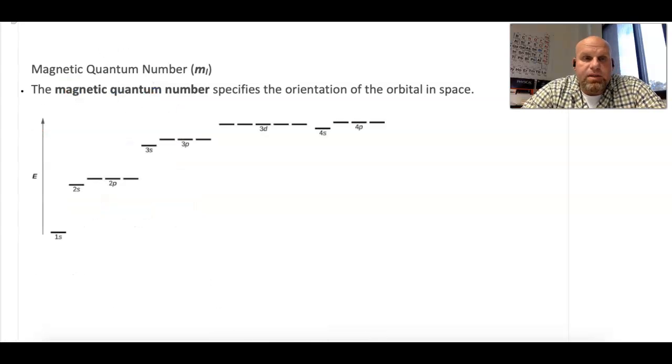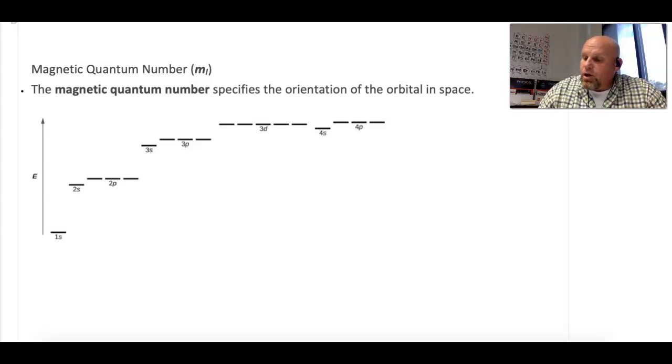Next quantum number is the magnetic quantum number, M sub L. You'll see here that it specifies the orientation of the orbital in space. So you may remember this diagram from doing electron configurations. Don't worry, we will be doing these orbital diagrams as a type of electron configuration in the next section. But you may remember when we talked about a P subshell could hold 6 electrons.